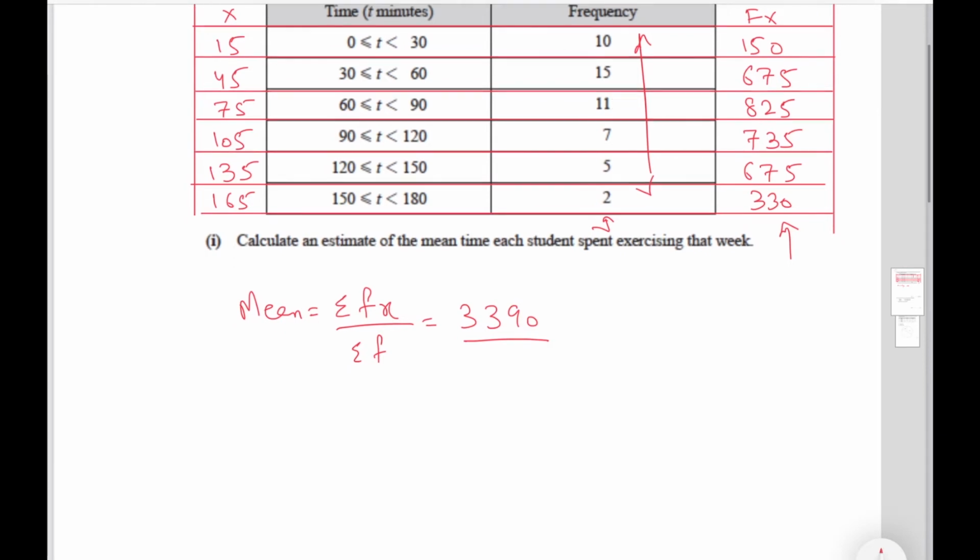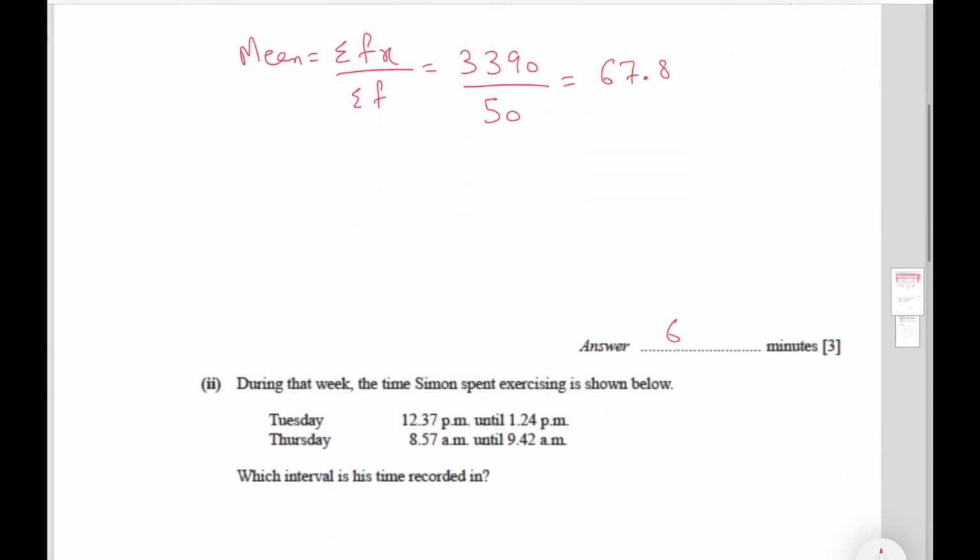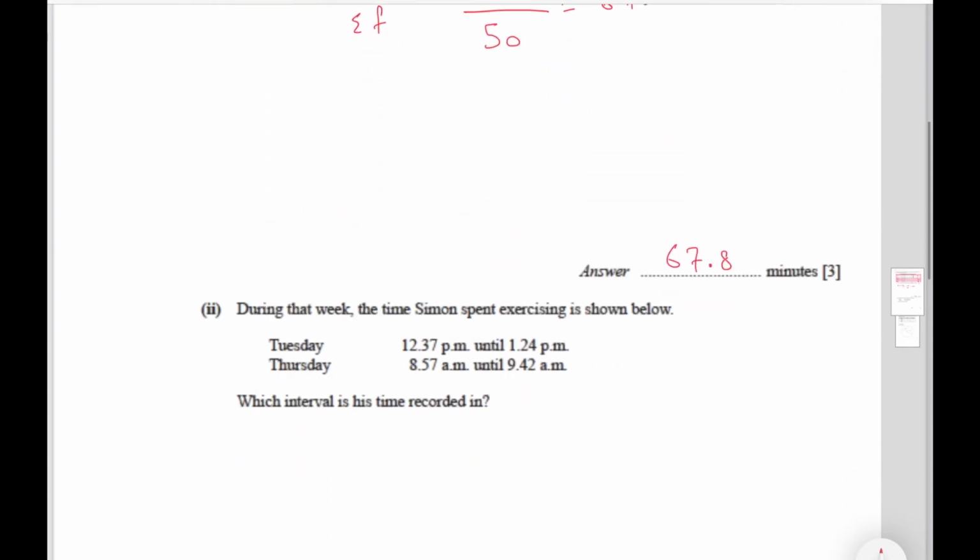Using the calculator, this gives me 50. So we divide 3390 by 50 and we eventually end up at 67.8. That is the mean. So it's 67.8 minutes.